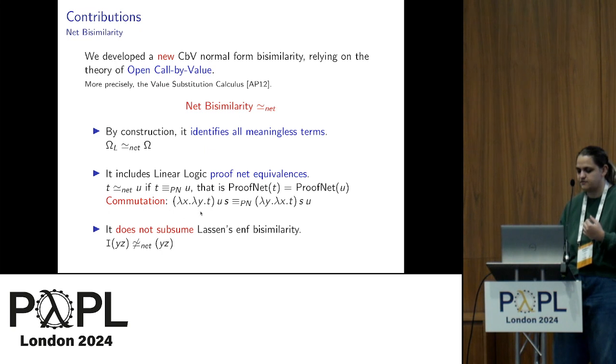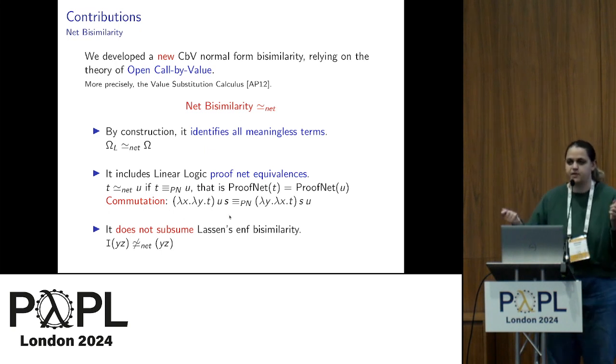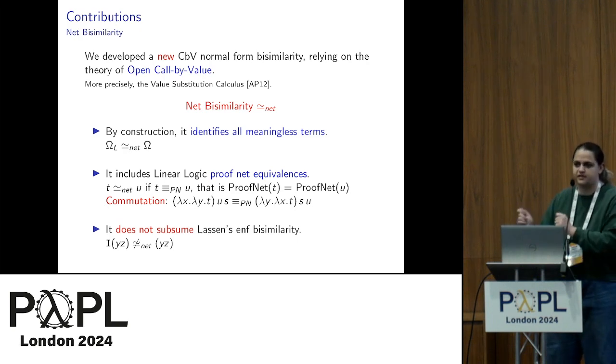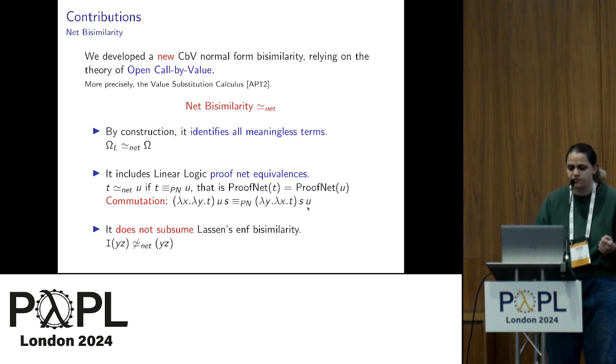If a term asks for two arguments, you can ask for them in one order. You can ask for one first or the other first, but you just need to switch the argument. So this is included in proofnet equivalence. I'll call this commutation for the rest of the talk. But it does not subsume Lassen's bisimilarity. We still have this problem with the identity law that is not included in Plotkin's call by value, it's not included in the open call by value, it's not included in proofnet equivalence, so we haven't subsumed this law.